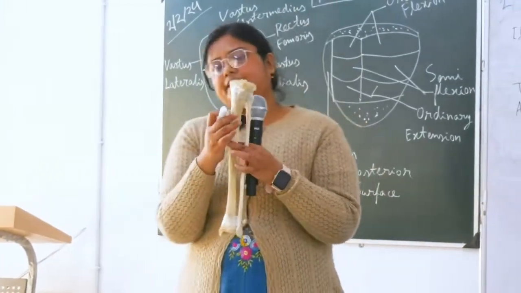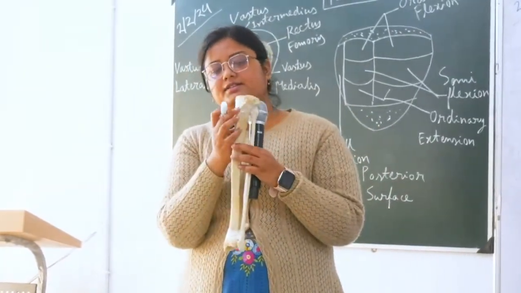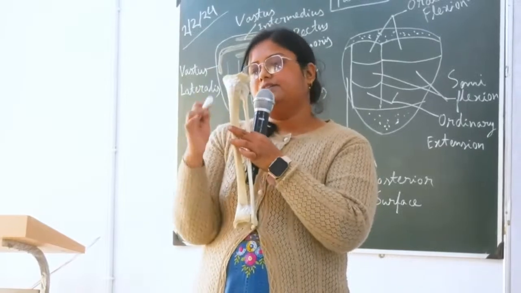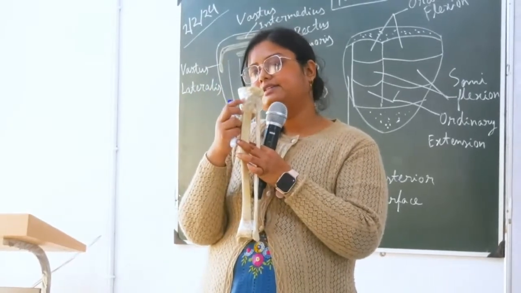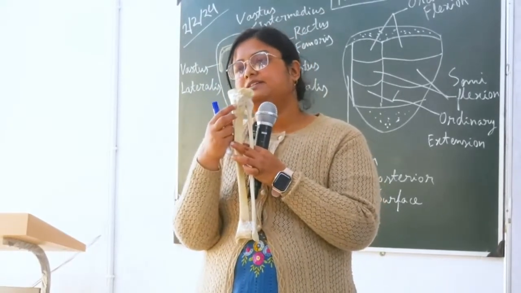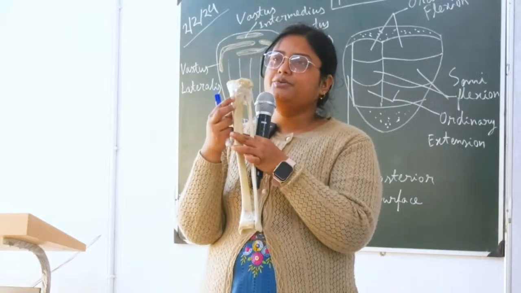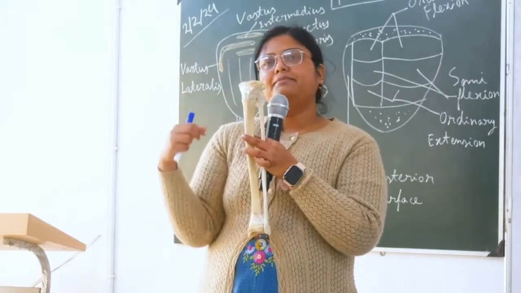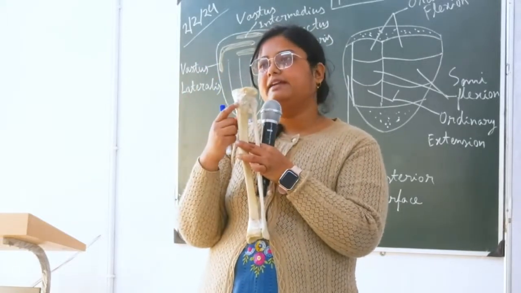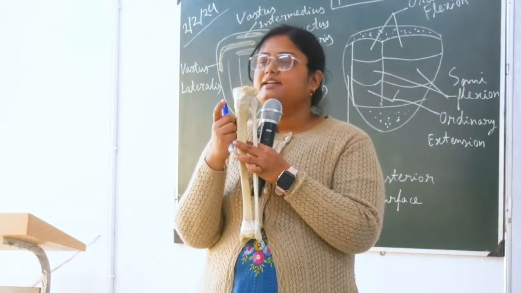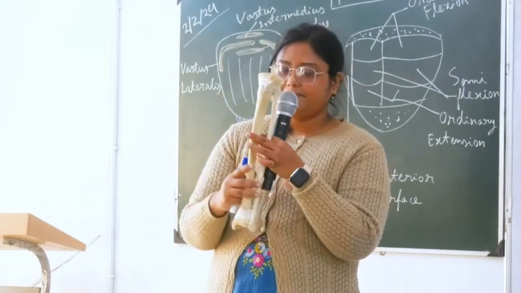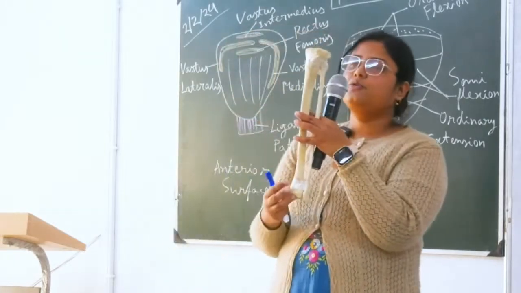This projecting part just below the condyles in the anterior aspect is known as the tibial tuberosity. The other end of the ligamentum patellae is attached over this tibial tuberosity. And this is the lower end.